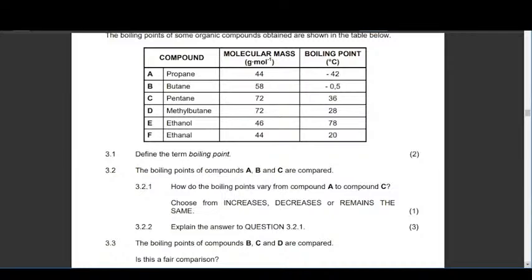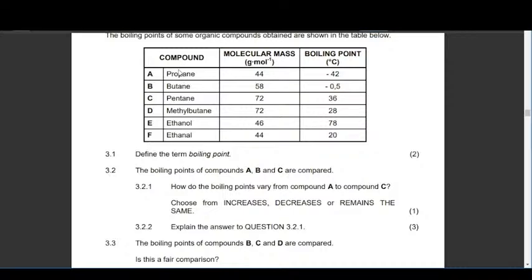Yes, the vapor pressure must be equal to the atmospheric pressure. So then that's when the boiling point is reached. Sorry.